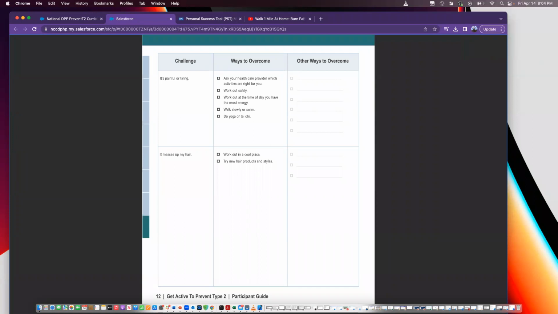Probably less snacking for me. And I definitely am going to add, when I go grocery shopping, first going all over the store before I start shopping.